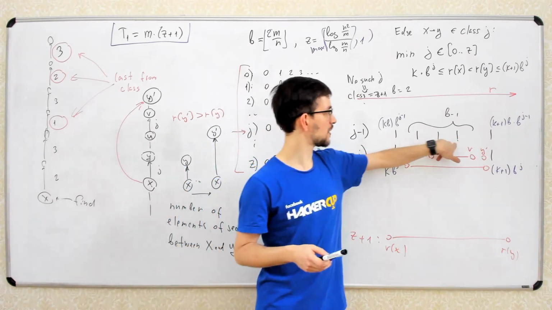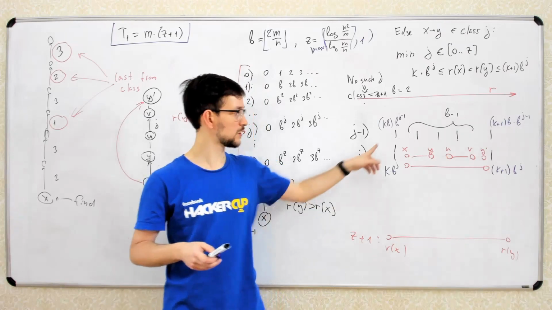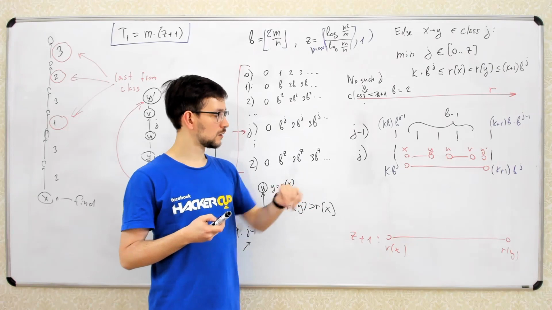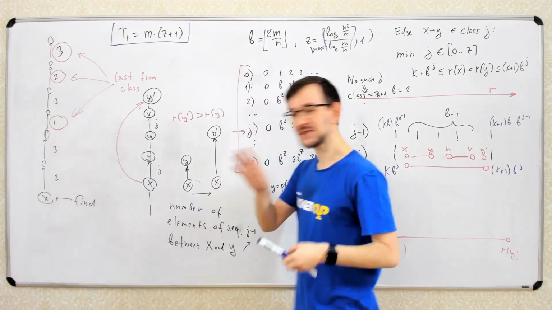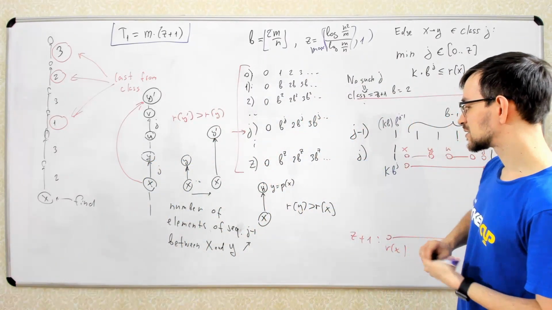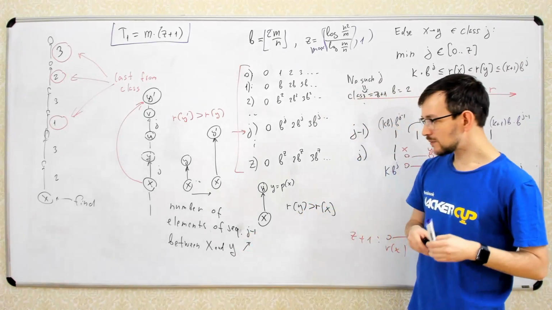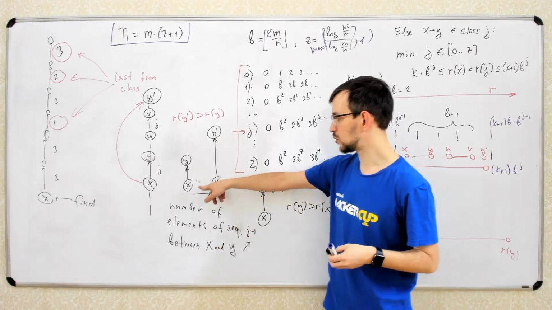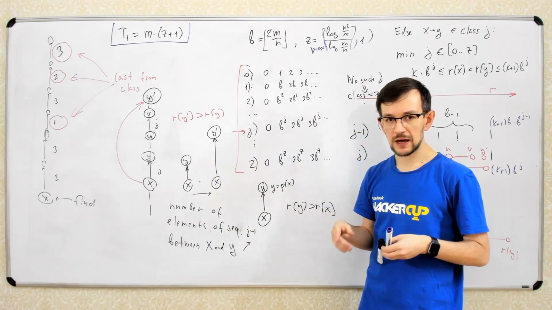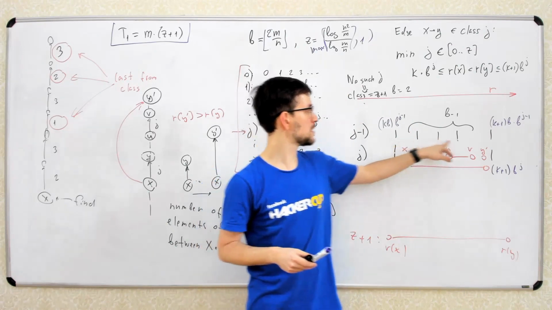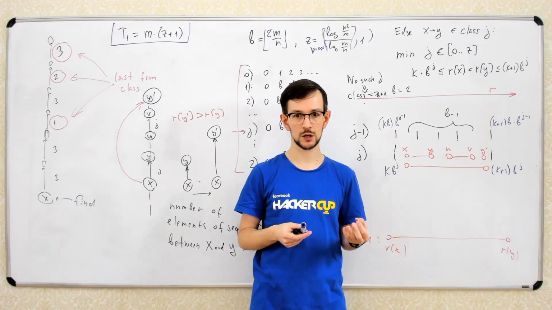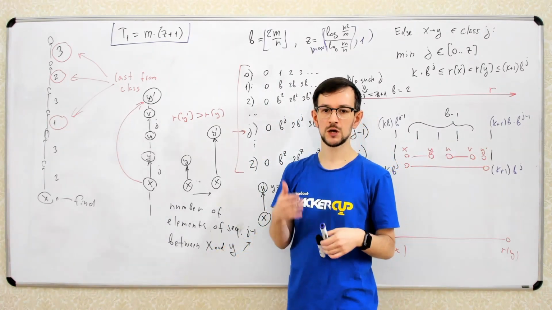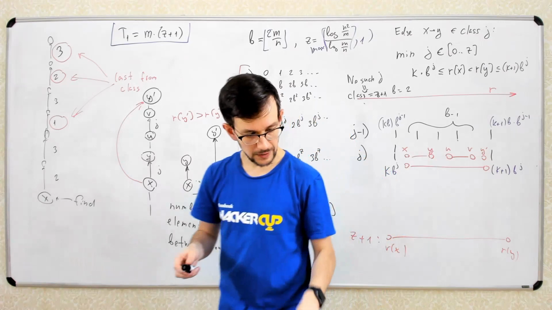So here you have another b minus 1 elements between these two elements. That's basically all. So here, each time you increase the number of elements between x and y, and there may be at most b minus 1 elements between x and y. So each time you increase this number, you may do it at most b times, right?